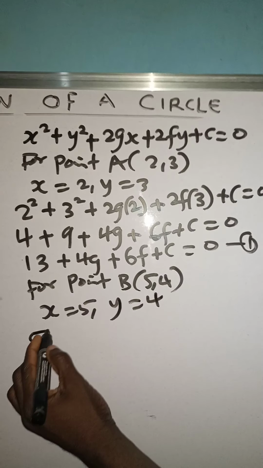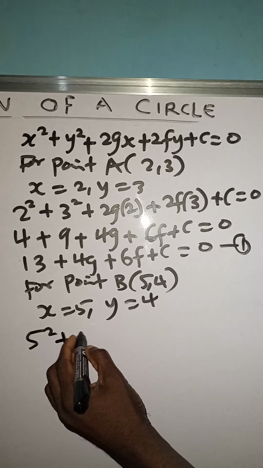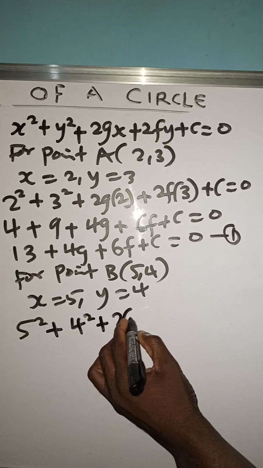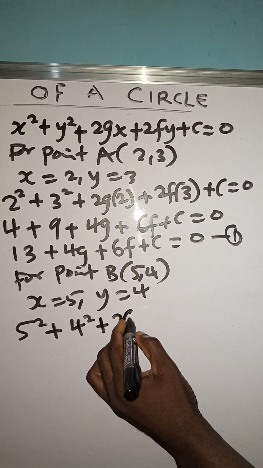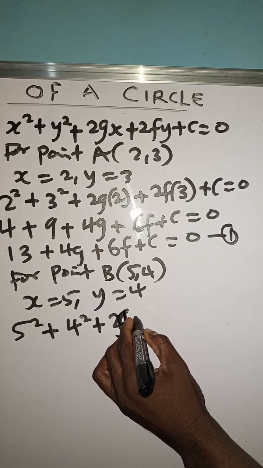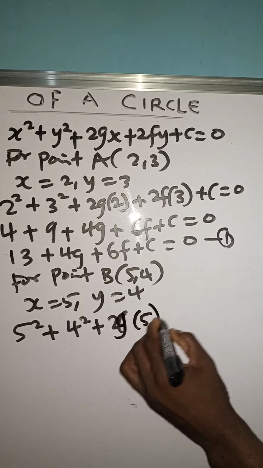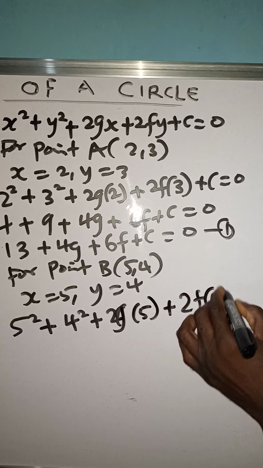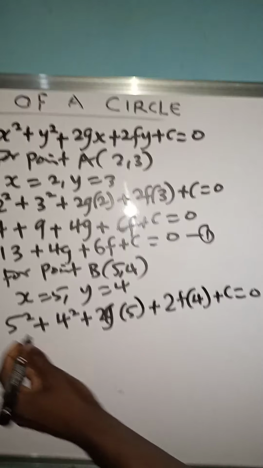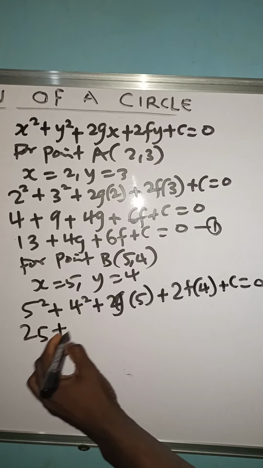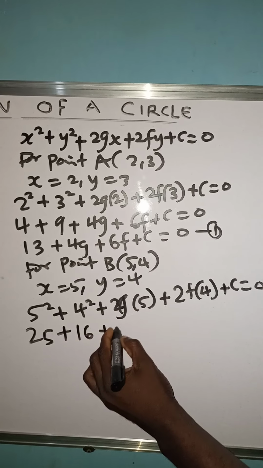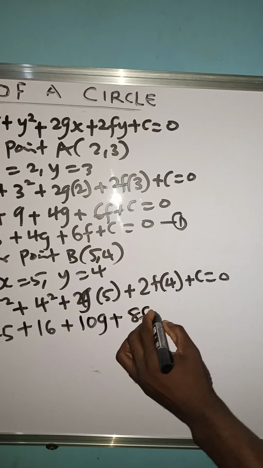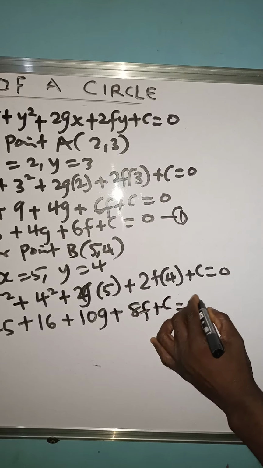So we have 5 squared plus 4 squared, plus 2gx, that's 2 times g times 5, plus 2fy, that's 2f times 4, plus c equals 0. 5 squared is 25, plus 4 squared is 16, plus 2 times 5, 10g, plus 2 times 4, 8f, plus c equals 0.